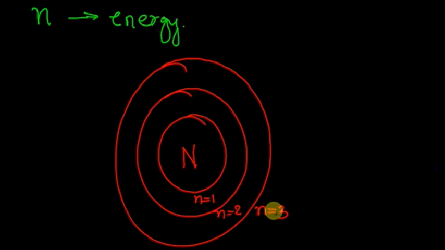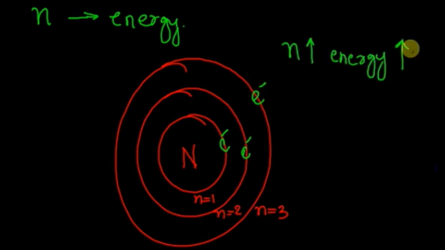Now what that means is, an electron in the n equal to 1 shell has lower energy than an electron in the n equal to 2 or n equal to 3 shell. Another interesting thing that we can see about n is, as n increases, the size of the atom also increases. That is, the distance of the valence shell from the nucleus of an atom is denoted by the principal quantum number as well.